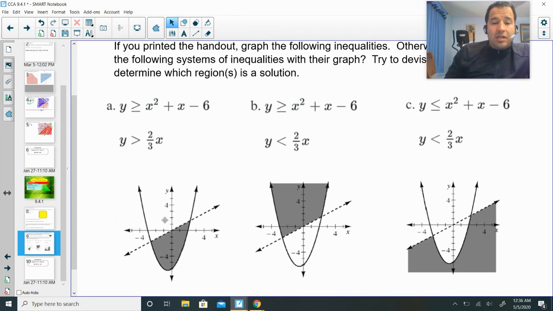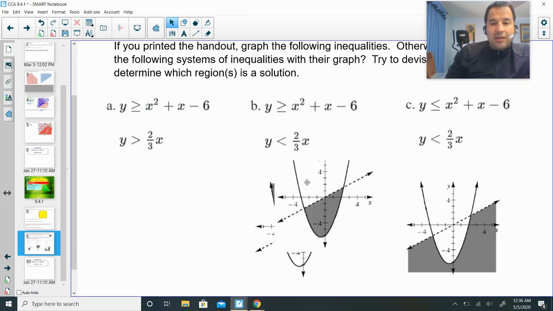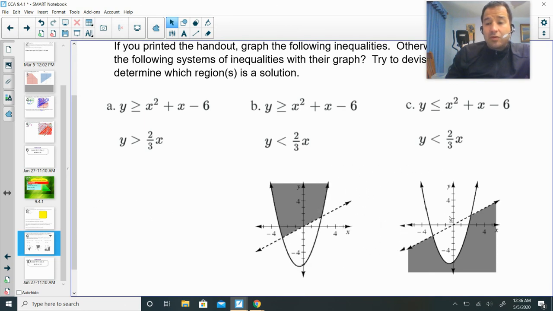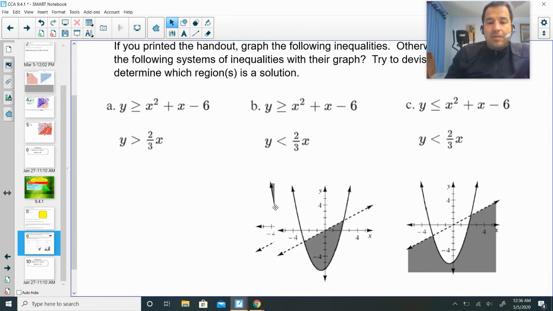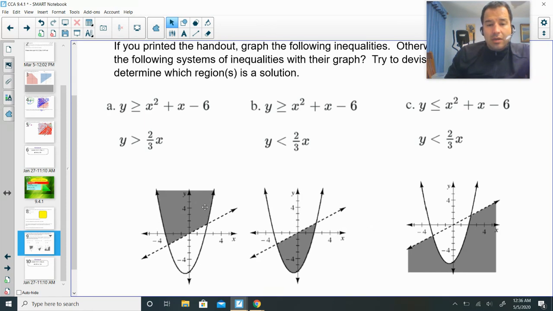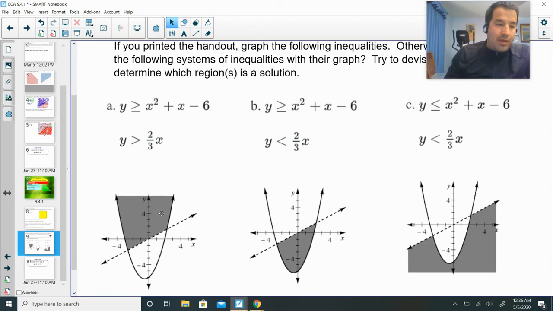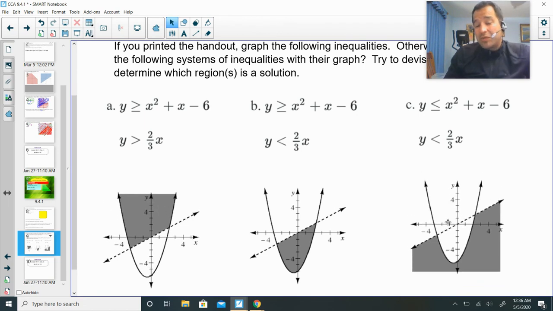This one here matches up with B. This one here matches up with A, which means this one is C.